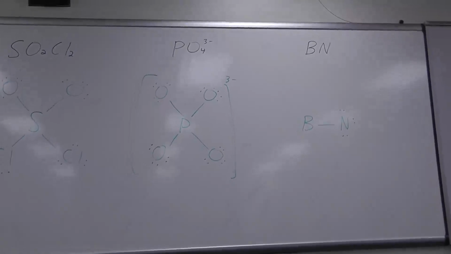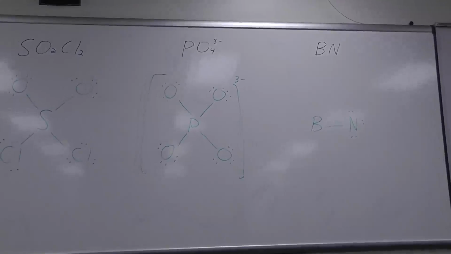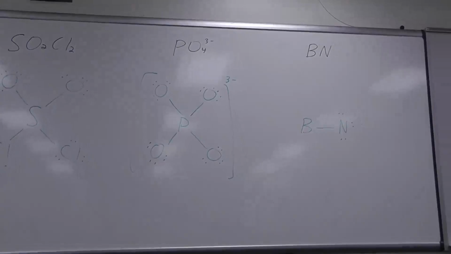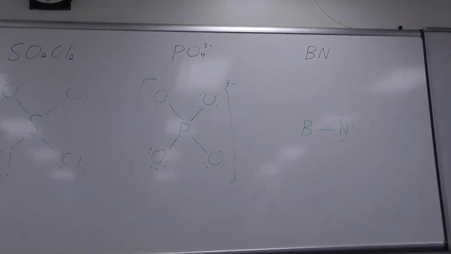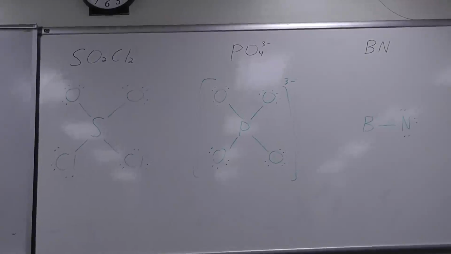What's on the board right now is wrong. Or maybe I shouldn't say wrong, it's incomplete. That is what you would have for each of these structures at the end of Rule 4, where you've gone through counting electrons and apportioned them out as bonding and not bonding.